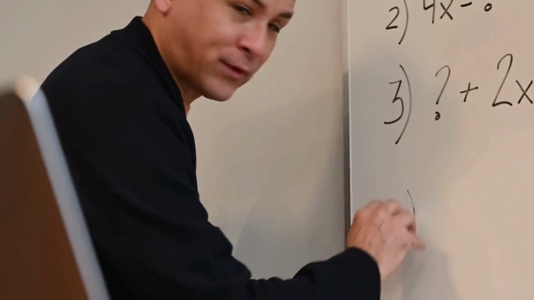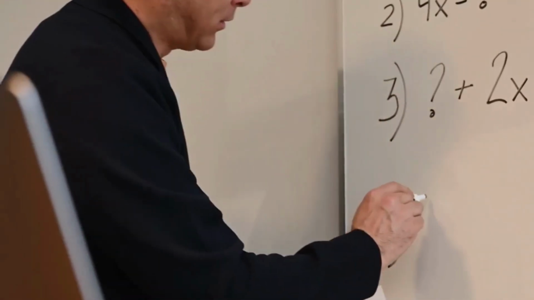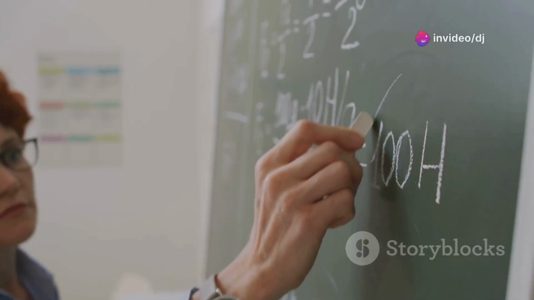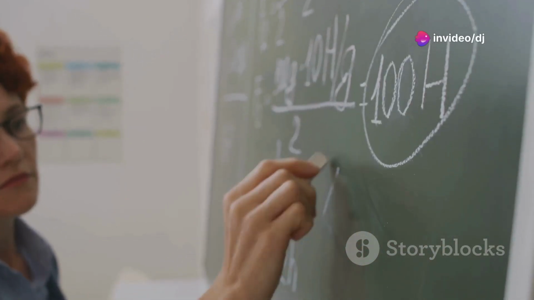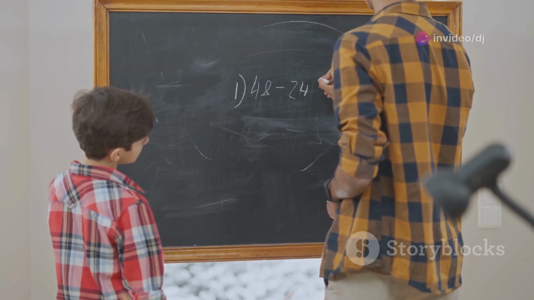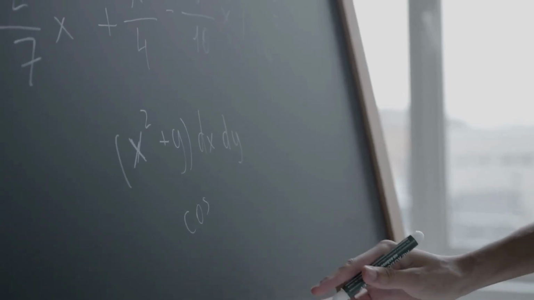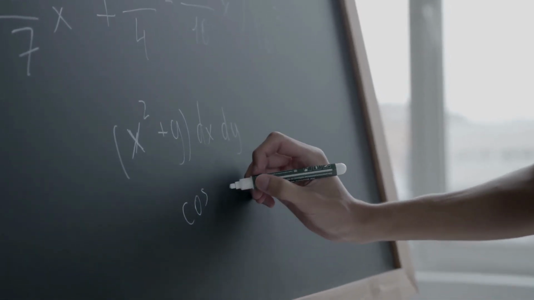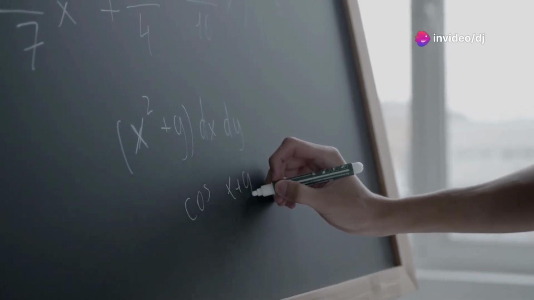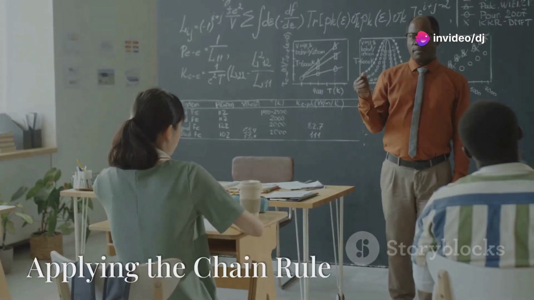For example, let's say we want to find the derivative of f(x) = (x^2 + 1)(3x - 2). We can let u(x) = x^2 + 1 and v(x) = 3x - 2. Then u'(x) = 2x and v'(x) = 3. Applying the product rule, we get f'(x) = (x^2 + 1)(3) + (3x - 2)(2x). Simplifying this expression gives us the derivative of the function.